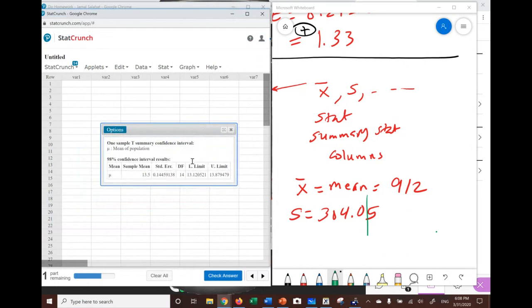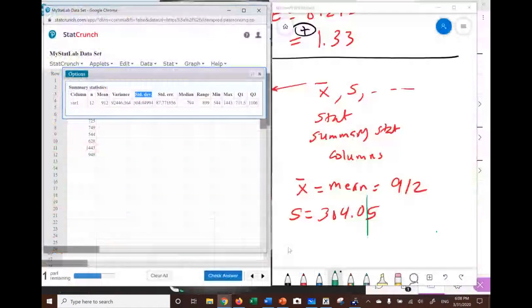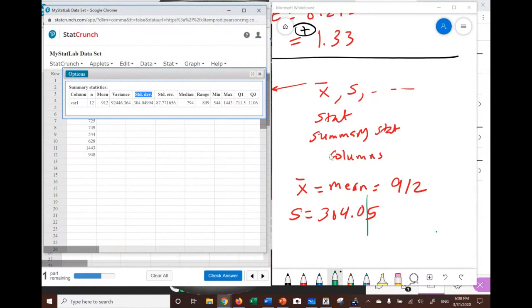I don't know where the table went. Maybe here, yes. Oh, look, I rounded wrong, because I rounded twice, I rounded the rounding. If you look back at the table, the standard deviation is 304.04.